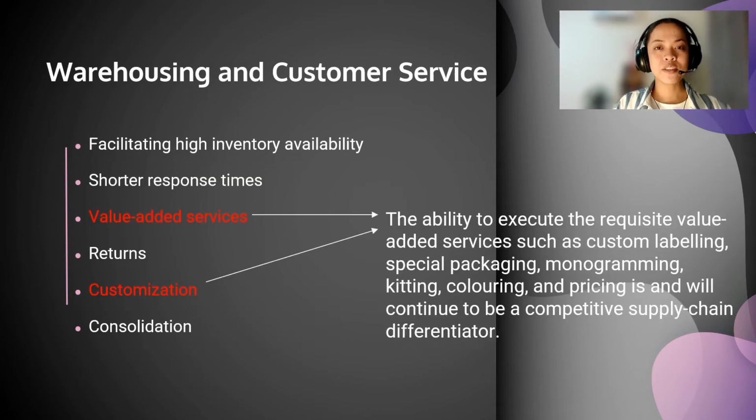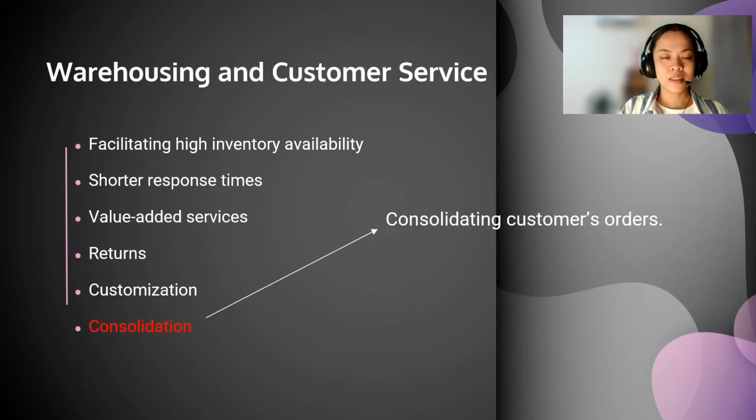Following the mass customization movement, the likelihood that an order will require customization in some form is increasing exponentially. Warehouses are uniquely equipped with the workforce and equipment to execute these value-added services. One customer service that is foundational to customers' expectation of a logistics system but taken for granted is consolidation.